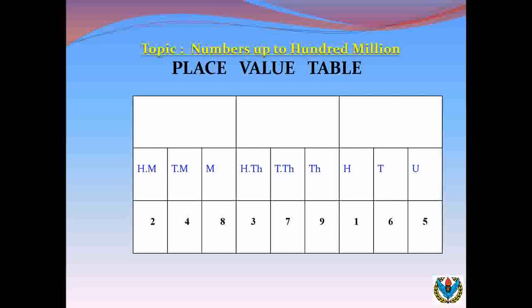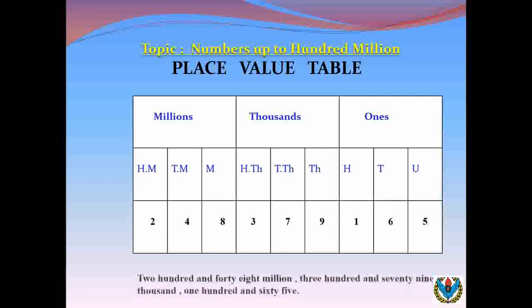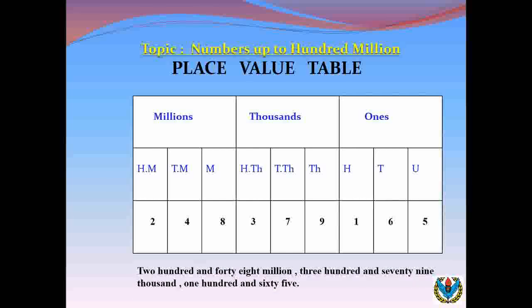These 3 digits which are in the same group will be read together. We see that the next 3 digits 3, 7 and 9 are in the same period which is called thousands. The next 3 digits 2, 4, 8 are again in the same group. This group is called million. Now we read that number.